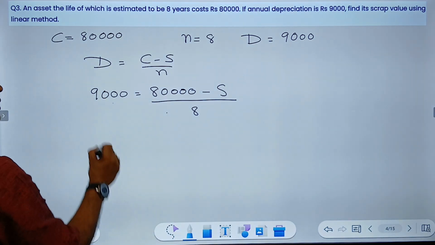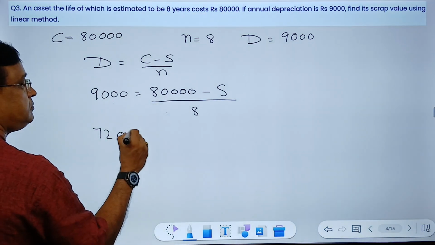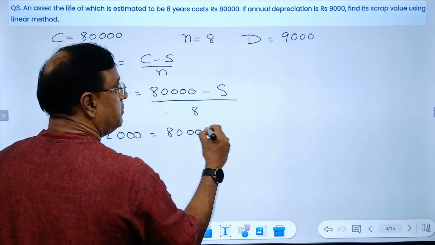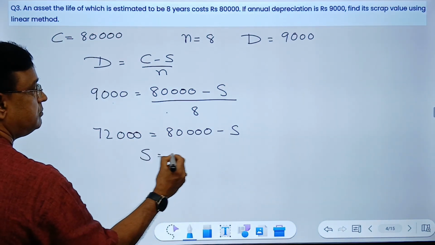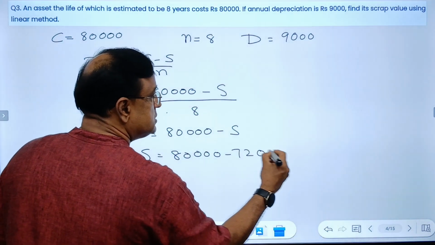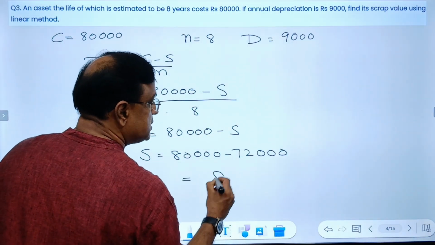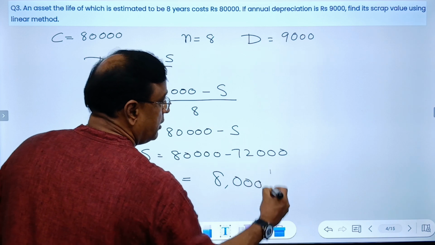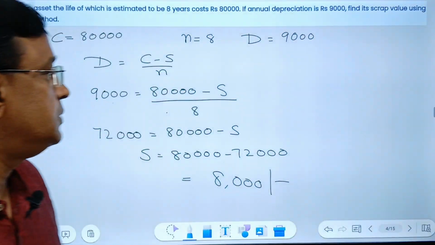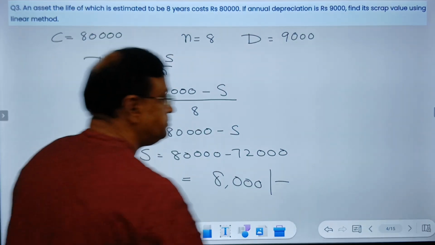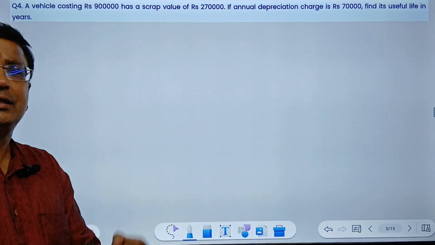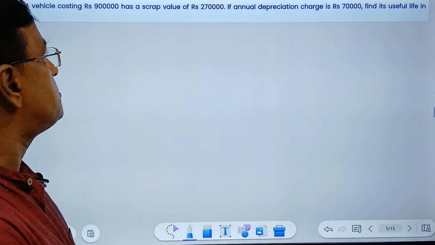If you cross multiply, you get 72,000 equal to 80,000 minus S. So S is equal to 80,000 minus 72,000. So it realizes a scrap value of 8,000 rupees. It's not complicated, very simple. Just application of formulas, there's nothing else. There's no more complication in these problems.